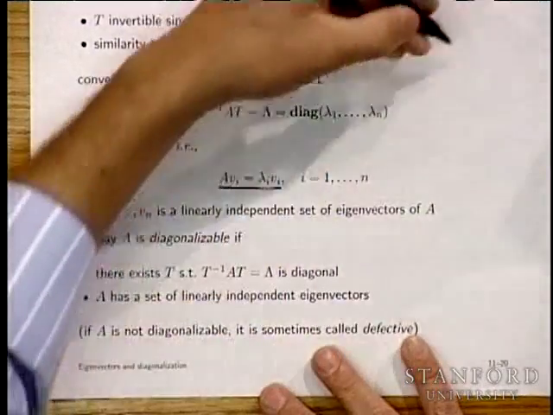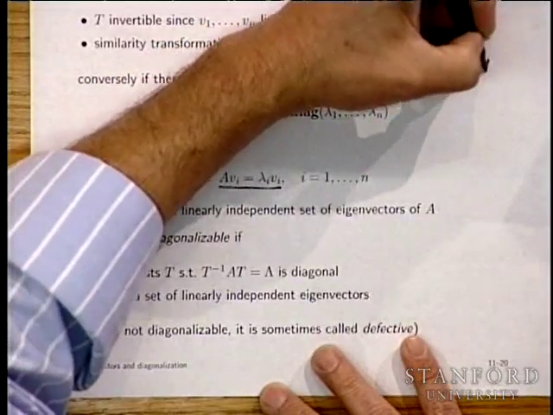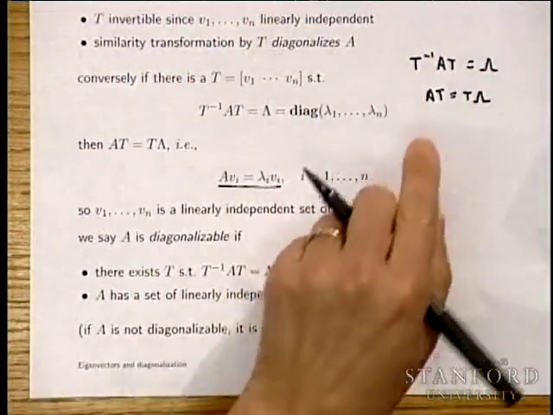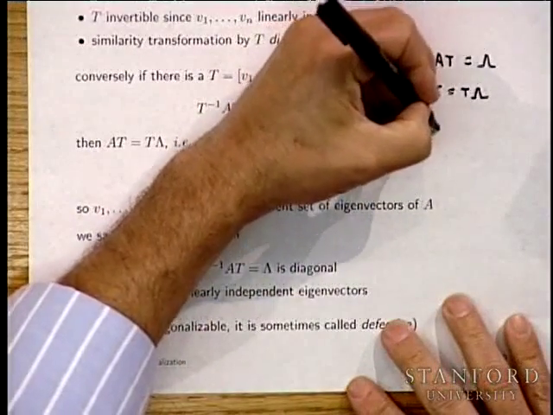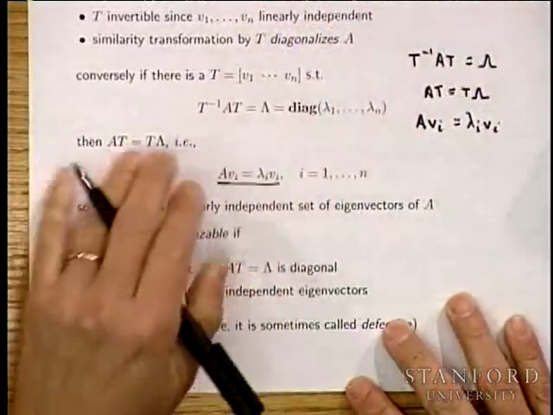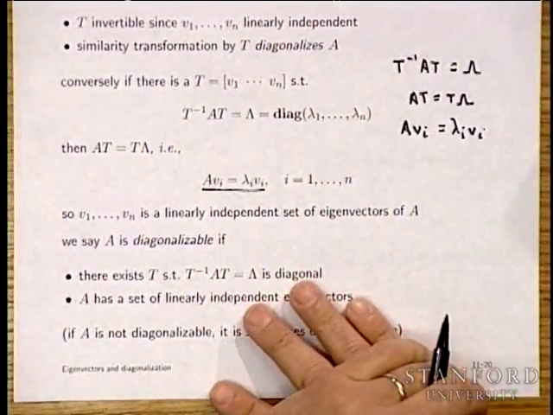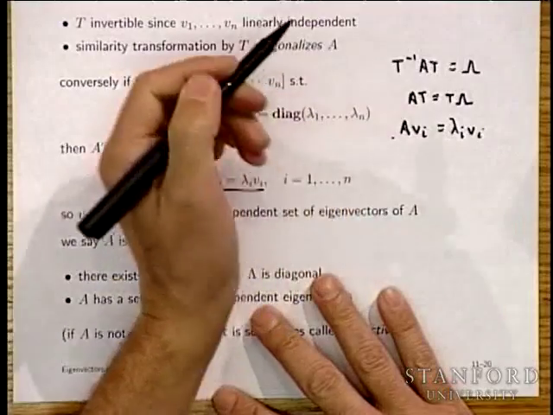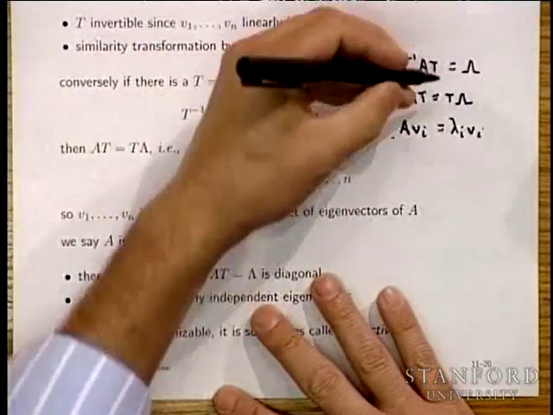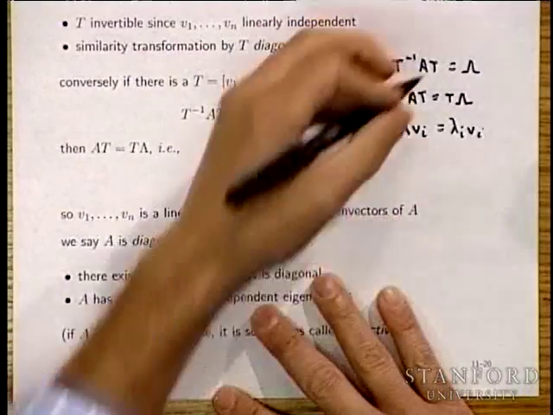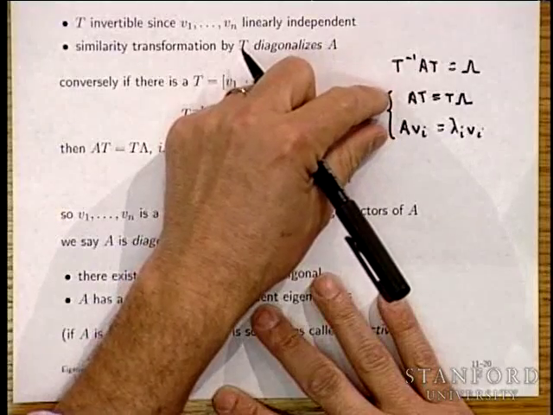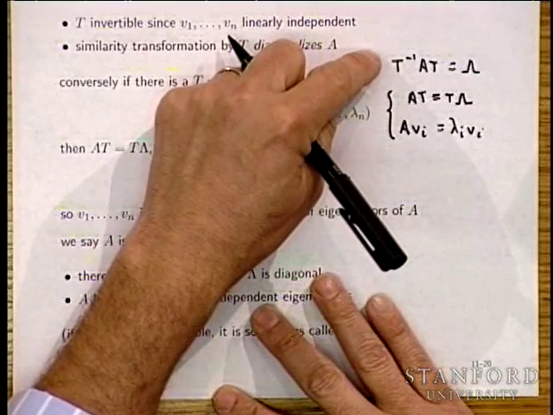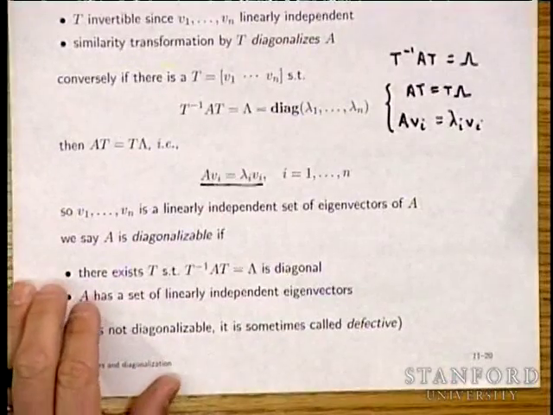So if you see an equation like T inverse AT equals lambda, or AT equals T lambda, or these, it means the same thing. They're just different ways of writing out in different matrix forms what this means. Technically, these two make sense even if the vi are not independent. But for this last one to make sense, obviously you have to have the vi independent. Okay? So that's the idea.